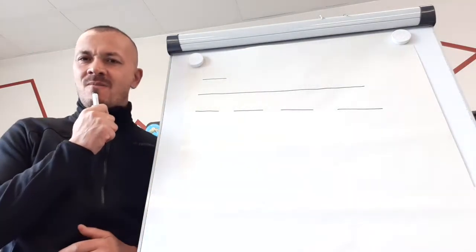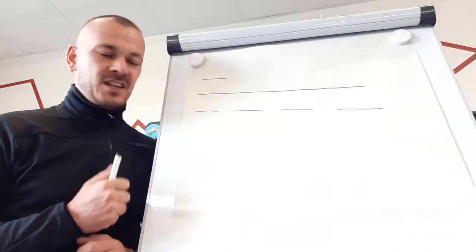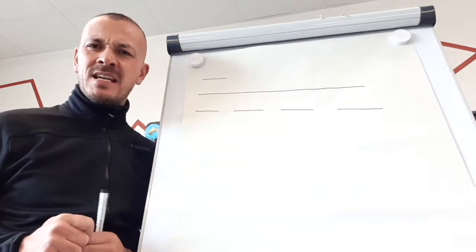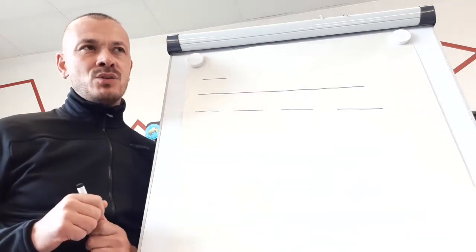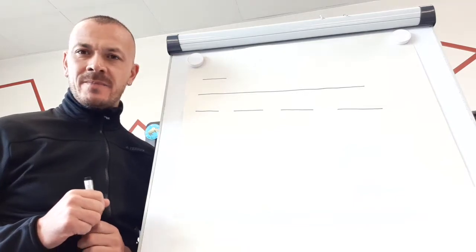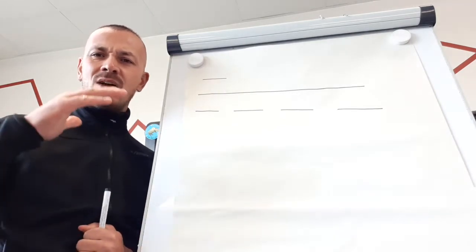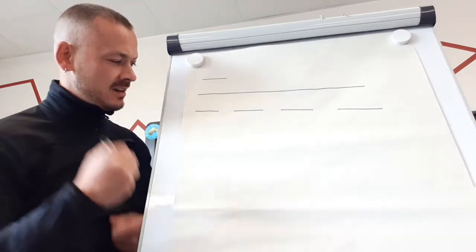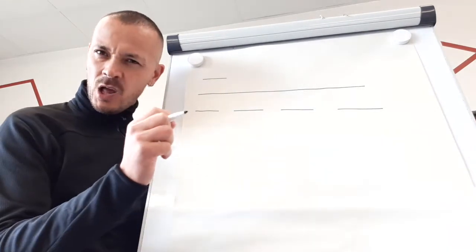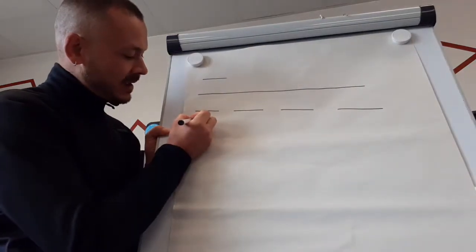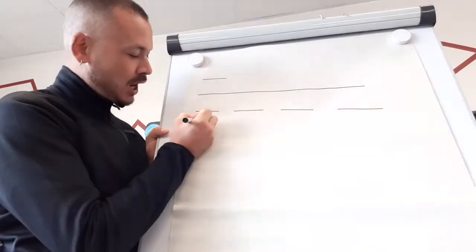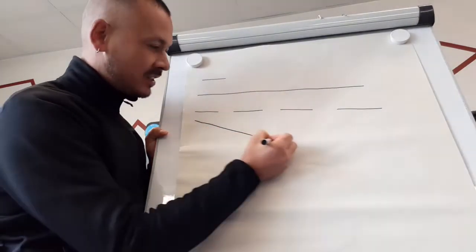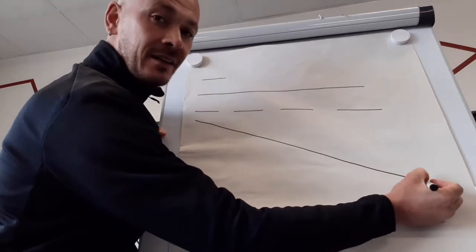Let's think about volume. How can I make my sound go from loud to quiet? Well, I'm going to do it as a long sound, and I'm going to draw a line which goes in a downwards direction like that.